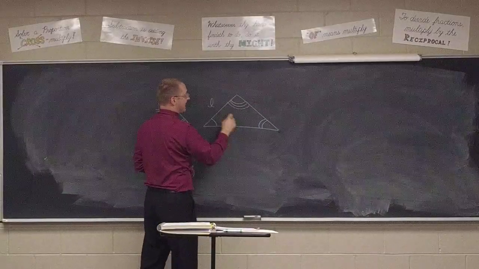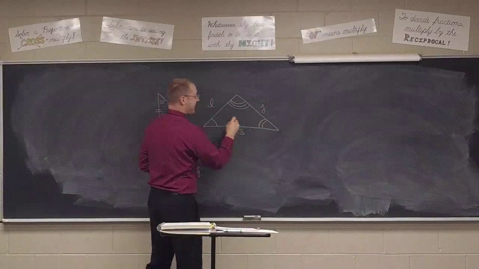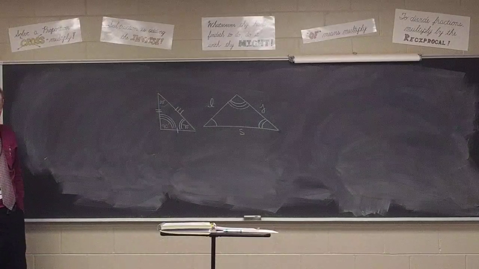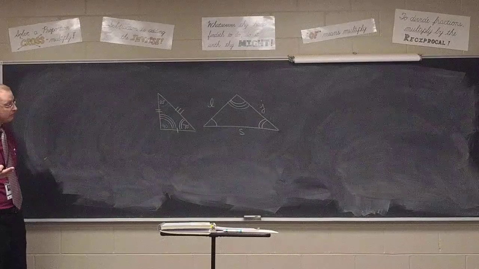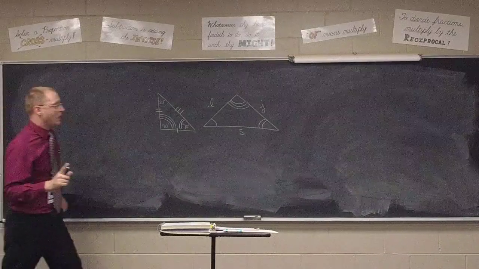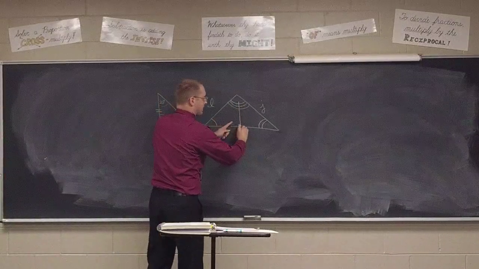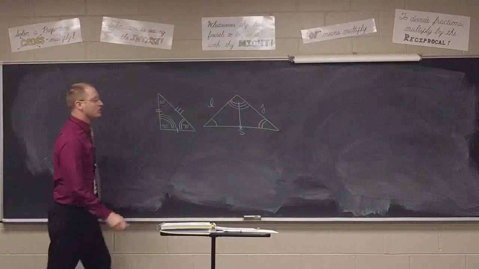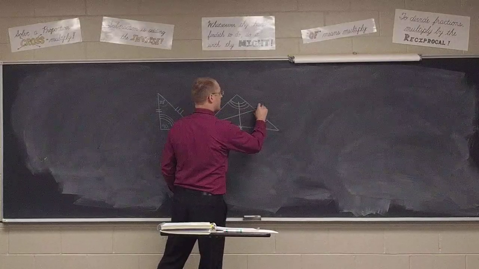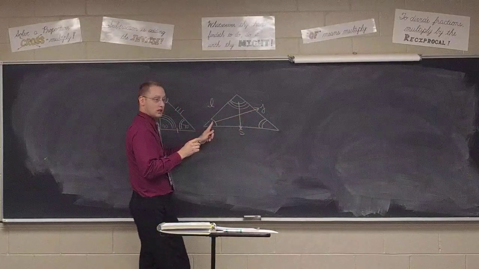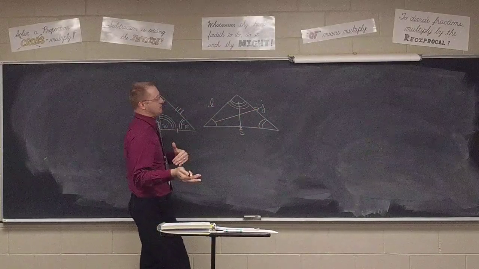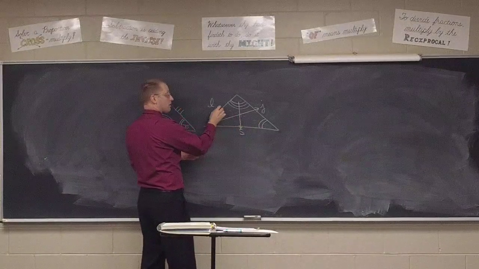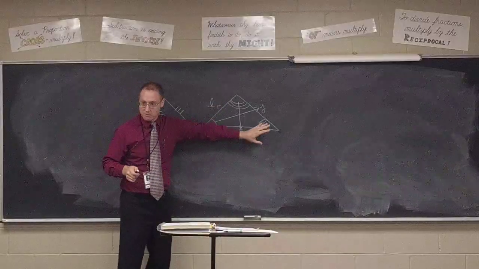I'm going to call this side L, this side J, and this side S. Which is my biggest side, class? S, because it's across from the biggest angle. Which is my smallest side? J, because it's across from the smallest angle. And of course, the medium-sized side would have to be L, because it's across from the medium-sized angle.